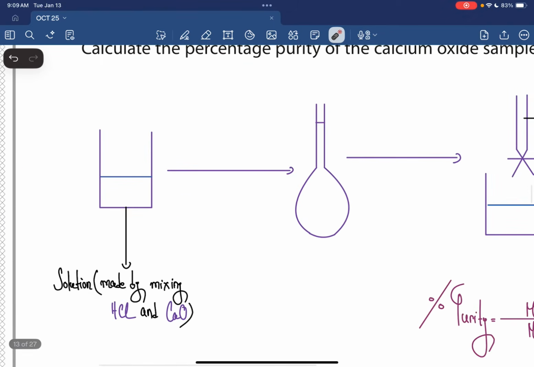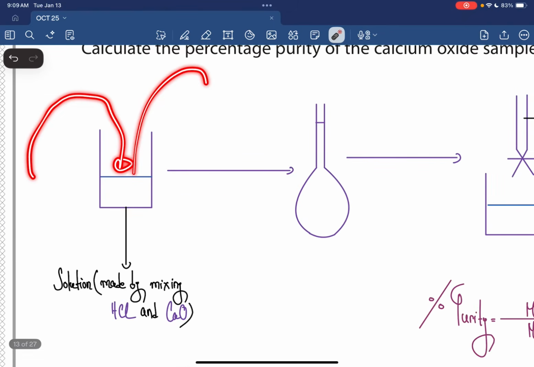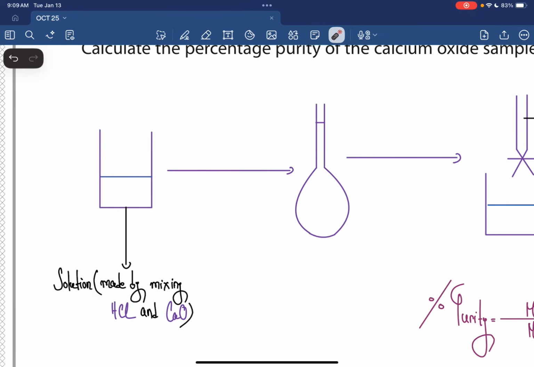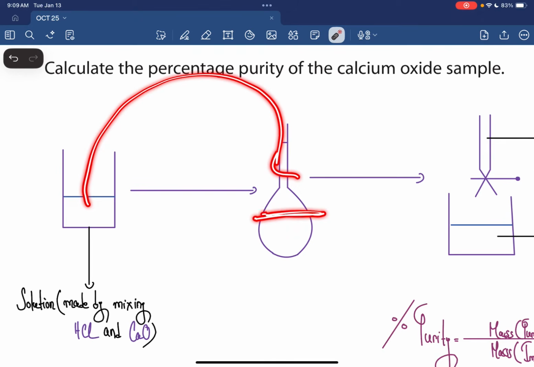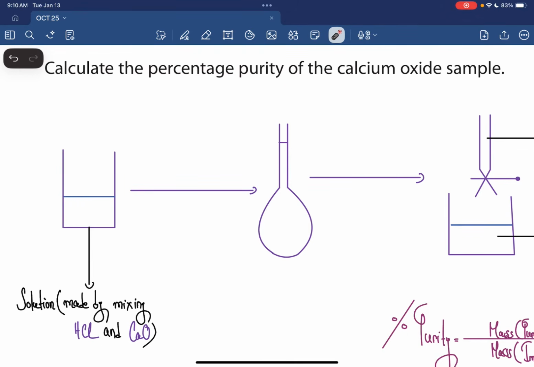Now what they're doing is mixing the acid and the CaO together in a beaker, let's assume. And then they're transferring this solution to a volumetric flask, and adding 250 centimeter cube of water. They are basically diluting the solution.